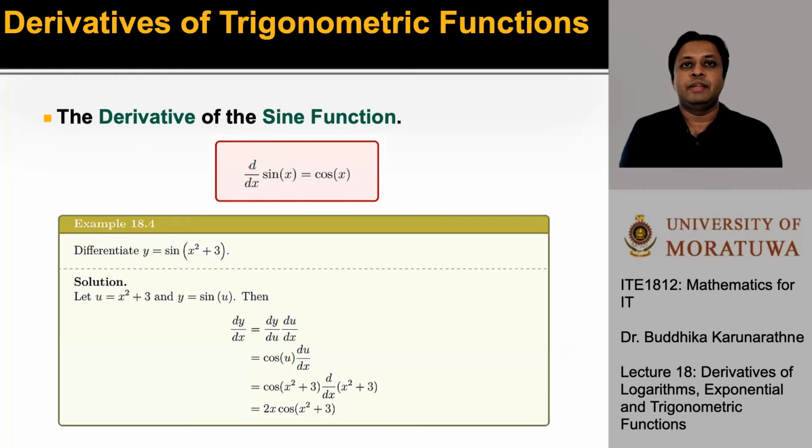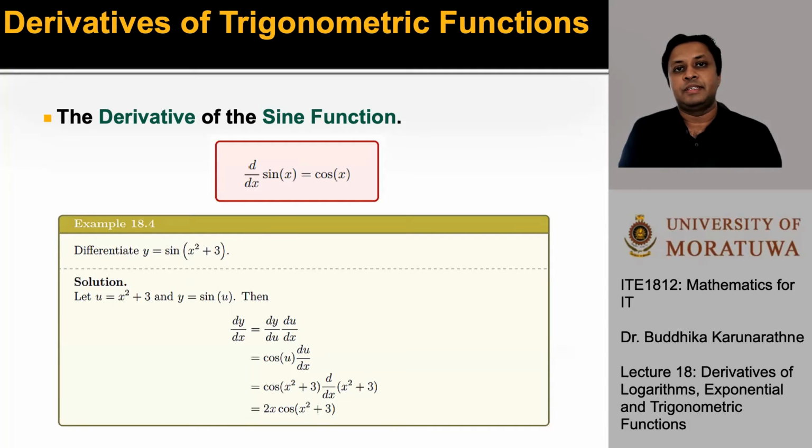And now we will introduce some simple definitions for the derivatives of trigonometric functions. First, take the sine function. d over dx of sin x is defined as cos x. Take an example.